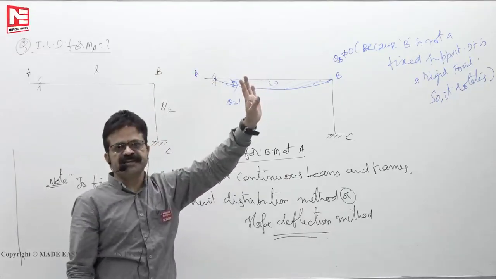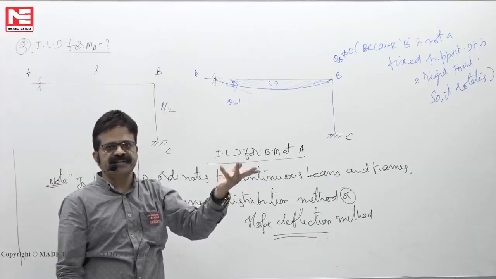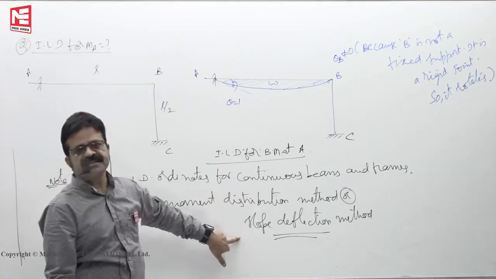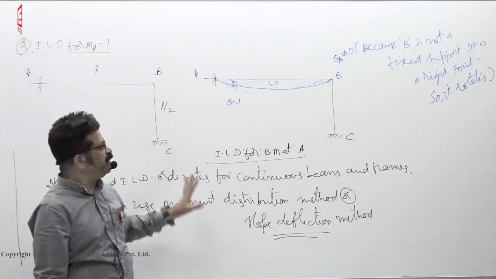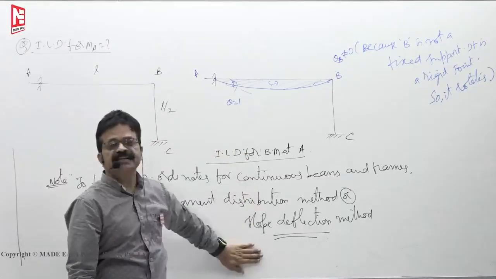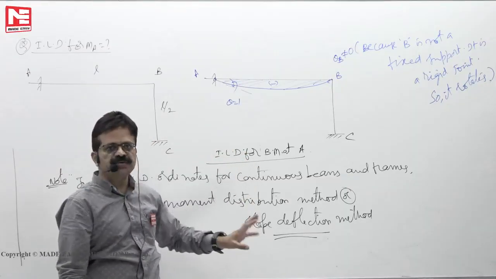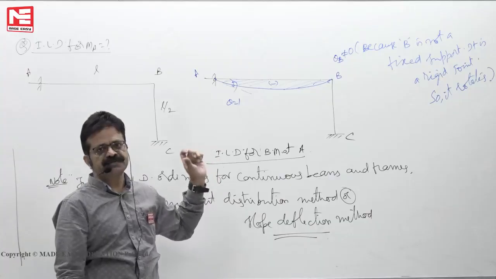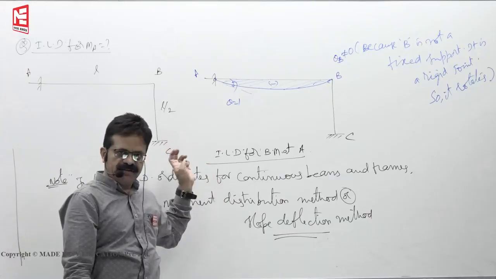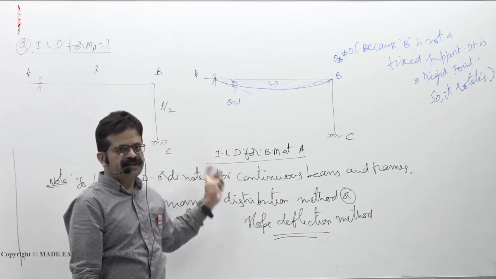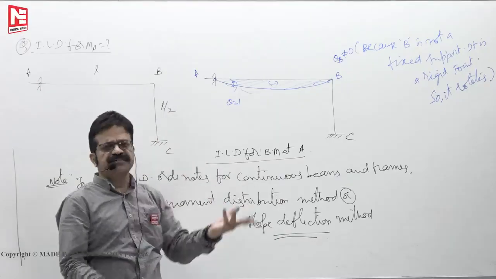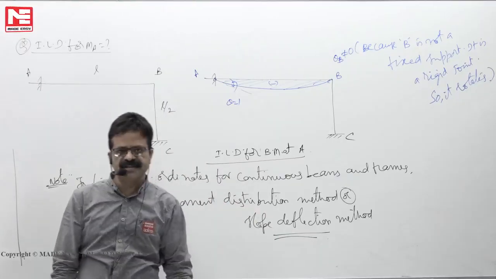What is the ordinate? He didn't give. You have to go by taking this analysis. Okay. So this is about statically indeterminate structures, how to draw ILD for reaction, shear force, bending moment for the propped cantilever, fixed beam, continuous beam and frames. Any frame we will have to draw in the same fashion.